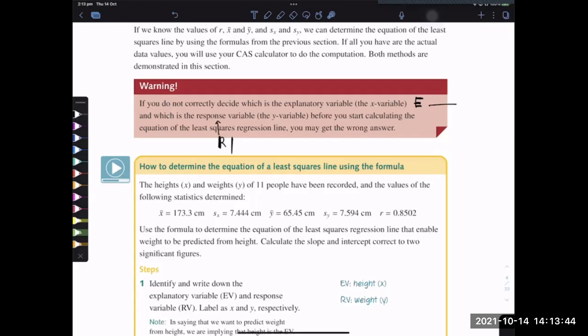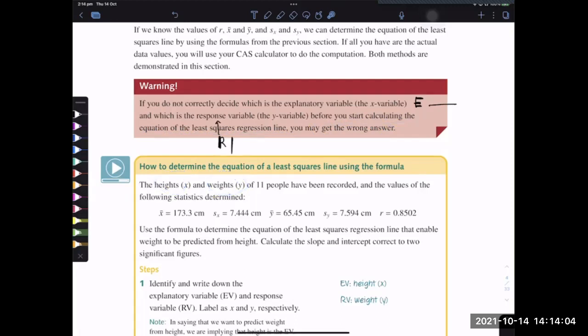If you don't correctly identify them and you start calculating the least squares regression line, you may get the wrong answer. So you have to be careful. The first step is to know which one is your explanatory variable and your response variable.